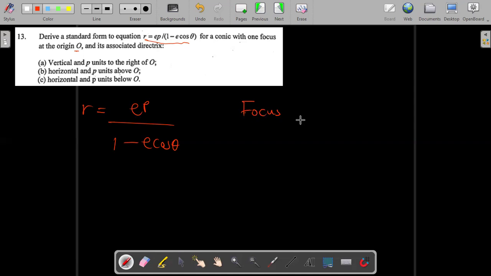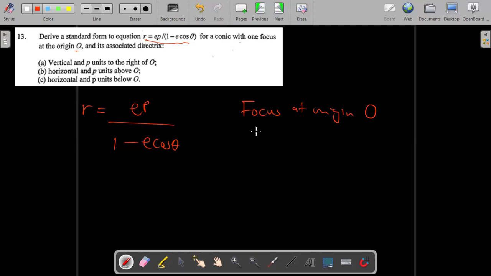Though we don't consider the other case here, mostly we consider these three. So the hyperbola and ellipse have two foci, and the parabola has a focus. Now they're telling you that one of them is at the origin, and that origin we know is zero.